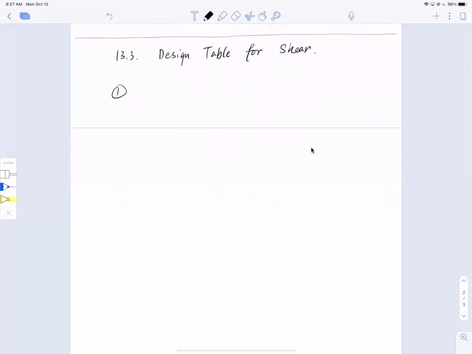First step, you check if VU is smaller than phi VN, which means it's smaller than phi VC plus phi VS. We wrote this so many times now. So you get this equation: VS has to be bigger than VU divided by phi minus VC. You have to do this step first.